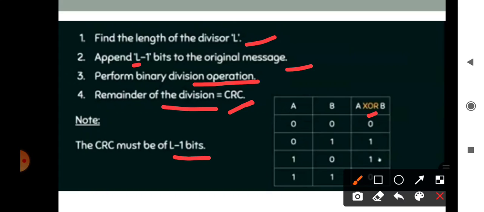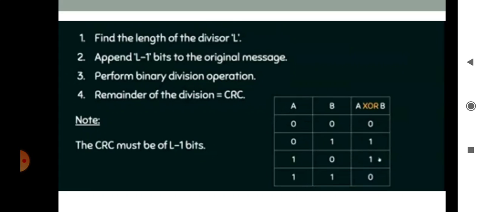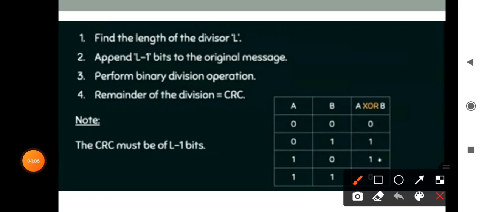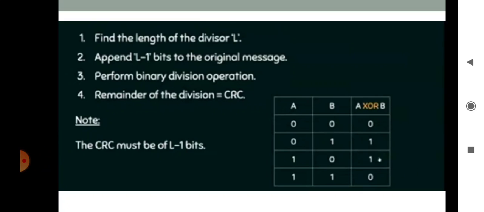Here, the operations in the CRC are performed by XOR. Suppose this is the data 0011 and B is 01000101. Remember that when the bits are 0 and 0, the answer is 0, and when 1 and 1, the answer is also 0.